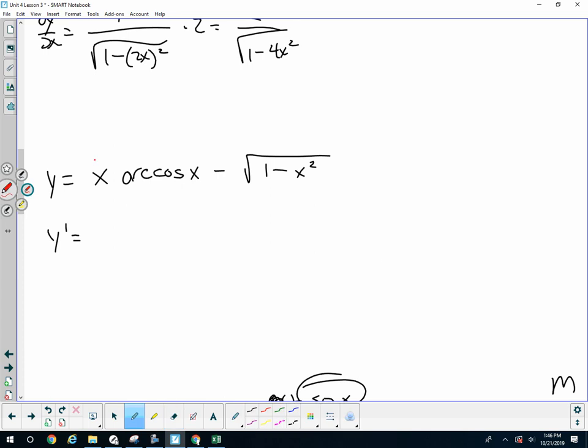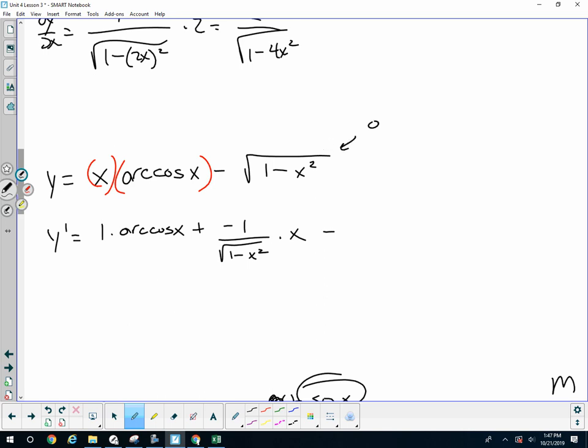We have a product, so let's use the product rule. You got the derivative of the first times the second, plus the derivative of the second. You'll eventually have these memorized, I hope. Negative 1 over root 1 minus x squared times the first, minus the derivative of 1 over root 1 minus x squared.